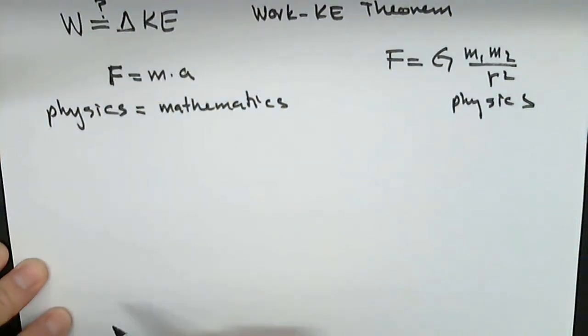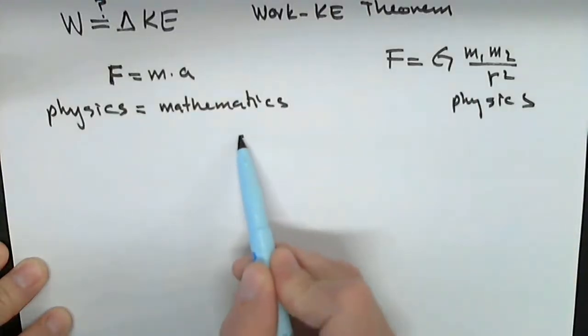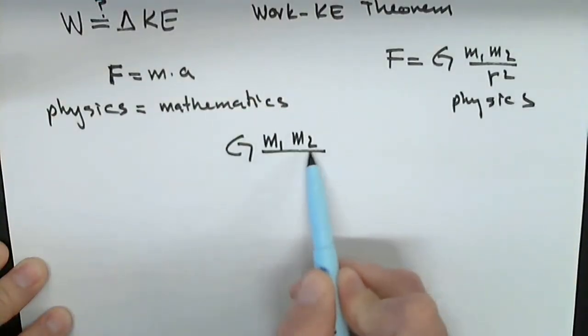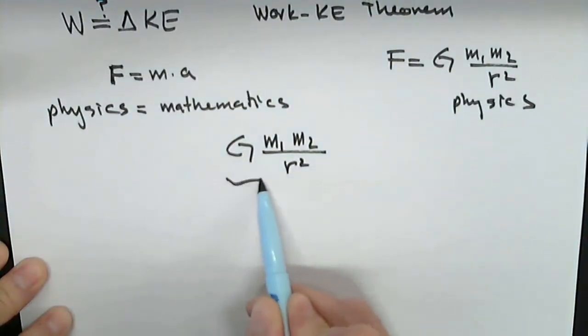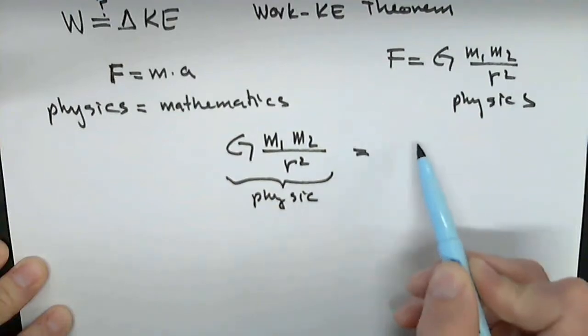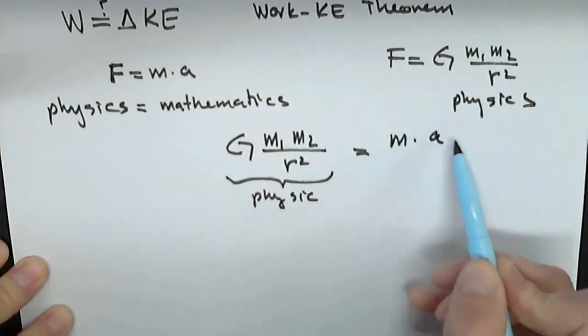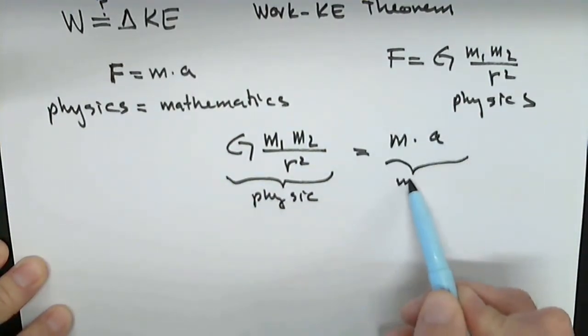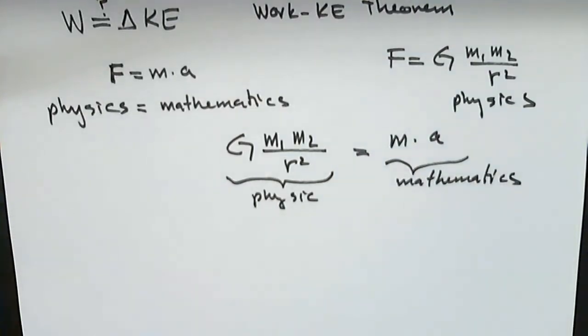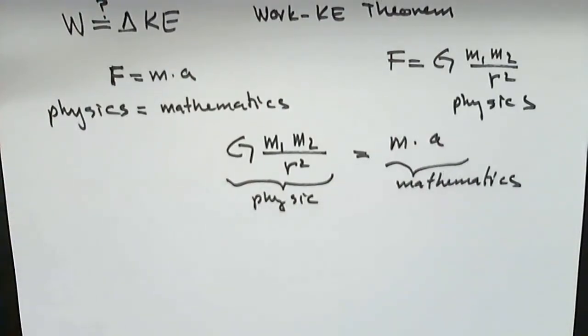In the right hand side is mass times the second derivative of the position. Or if you have something like this, this is a real equation or a law, because this is the physics and this is the mathematics. But this is a real physical equation.